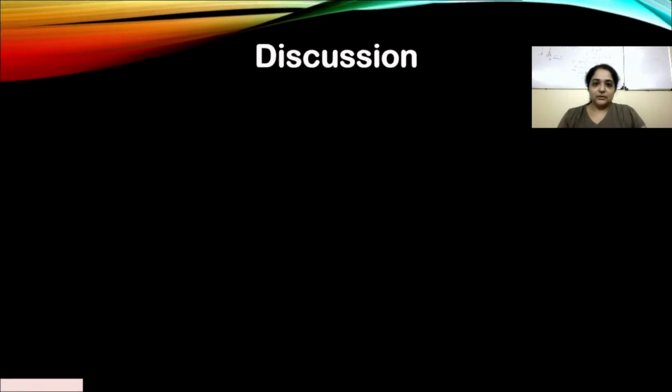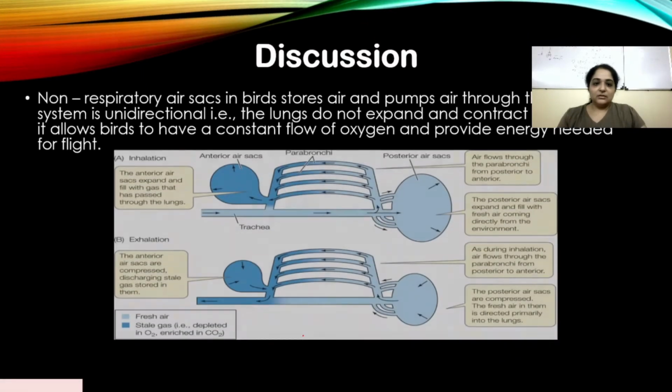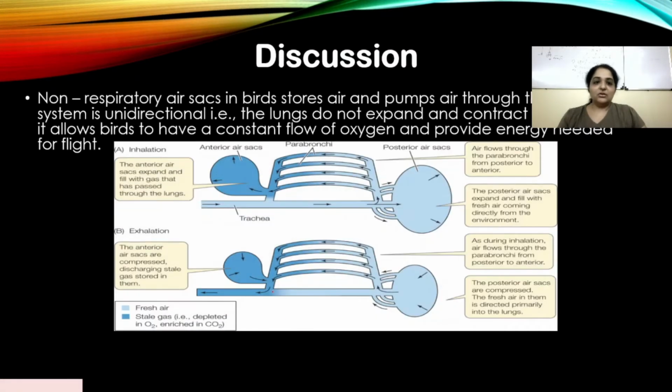All right. Next is, in birds, there are non-respiratory air sacs. You can see here there are anterior air sacs and posterior air sacs over here that pump air through the lungs. The system is unidirectional, that is, the lungs do not expand and contract, unlike in mammals, where our lungs expand and move, they expire, they inspire.